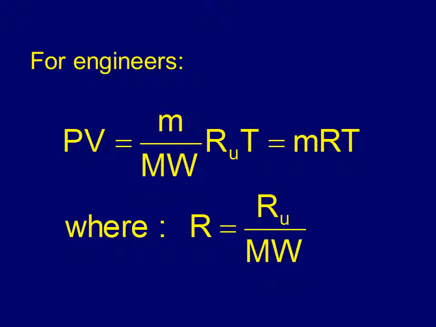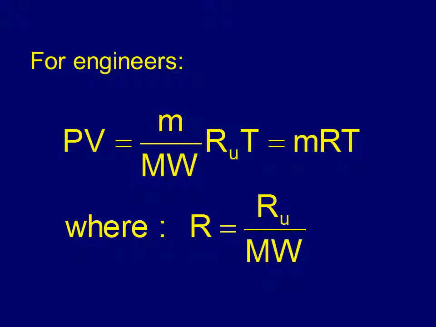So we like to use mass, so what we'll do is redefine this equation as PV equals mRT, where the new R is actually the Ru, the universal gas constant, divided by the molecular weight. And often engineering textbooks will use this R.